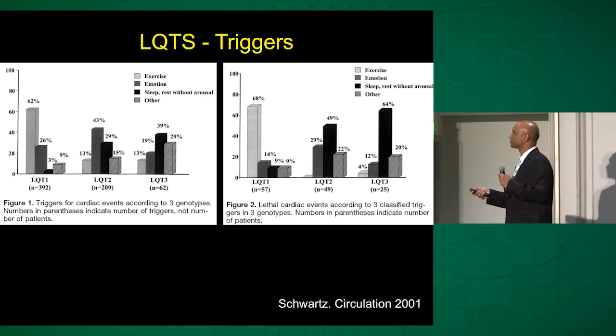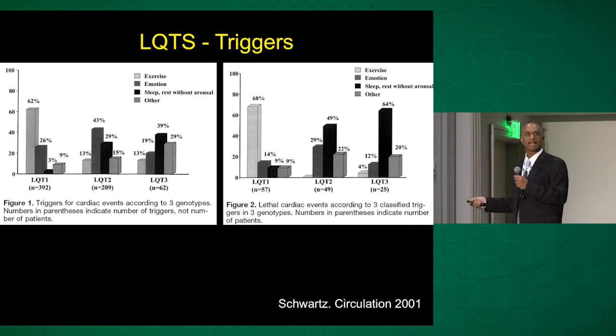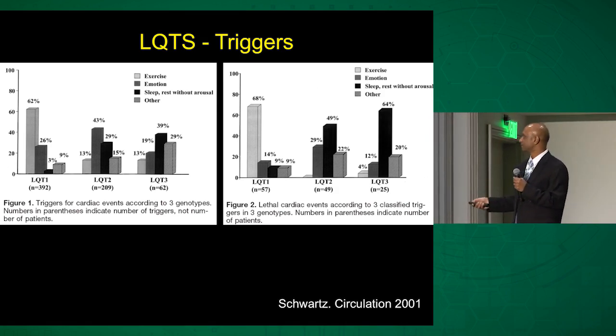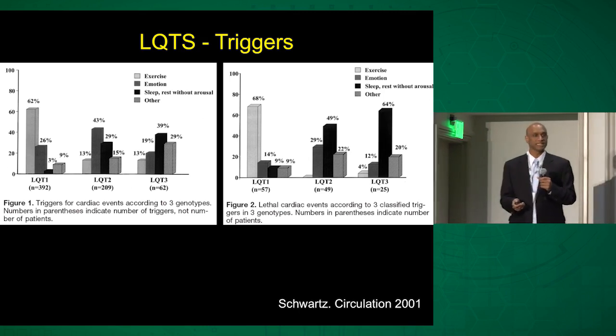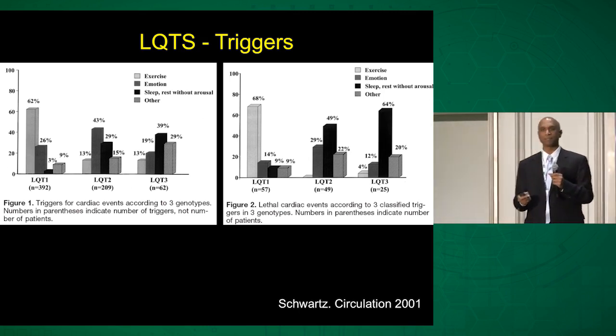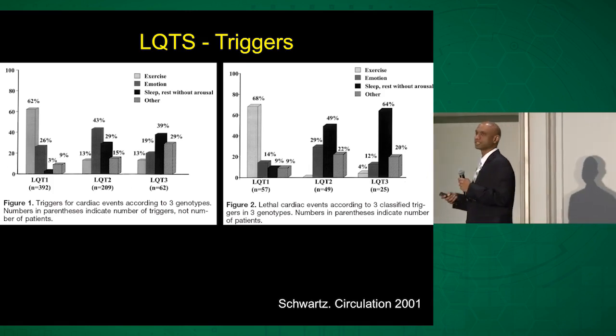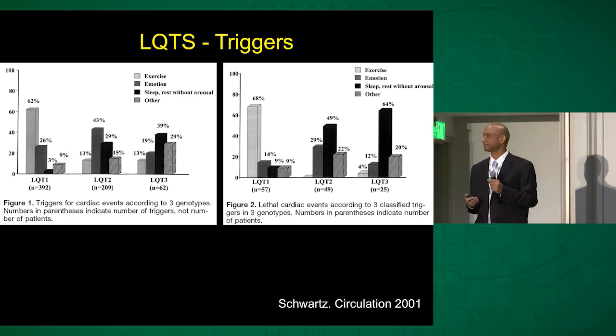The association of these triggers with episodes is even stronger when you consider lethal cardiac events. This is in general triggers and episodes. This is with lethal cardiac events. But notice that this is not absolute, in the sense that a long QT1 patient can have episodes triggered at rest, and a long QT3 patient can have episodes with exercise.